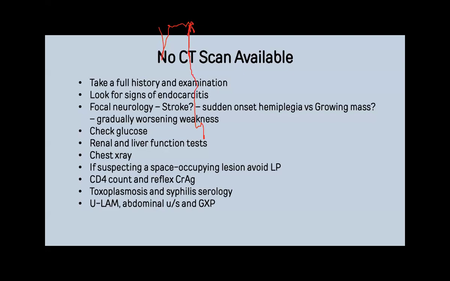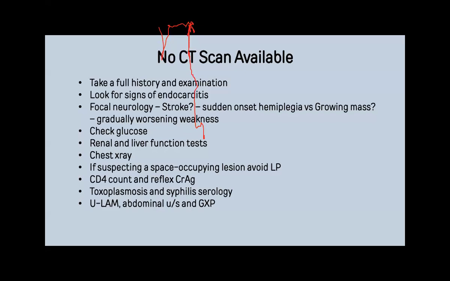If there's focal neurology and it's a sudden onset with a hemiparesis, you consider that the patient may have had a stroke, versus if they've had gradual worsening weakness, in which case the most likely diagnosis is a growing mass. You check the glucose, you do the renal and liver function tests, you do a chest x-ray. If you're suspecting a space-occupying lesion, it's best to avoid an LP because you wouldn't have a CT brain available to you.